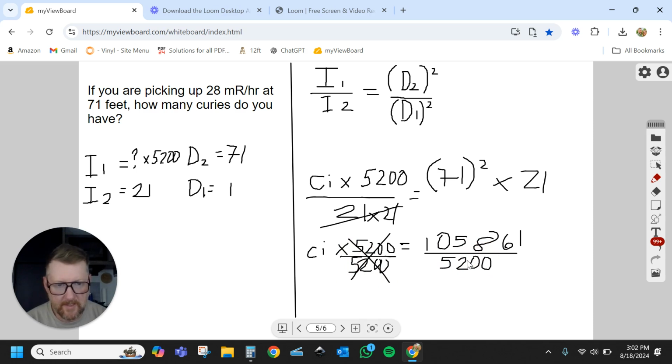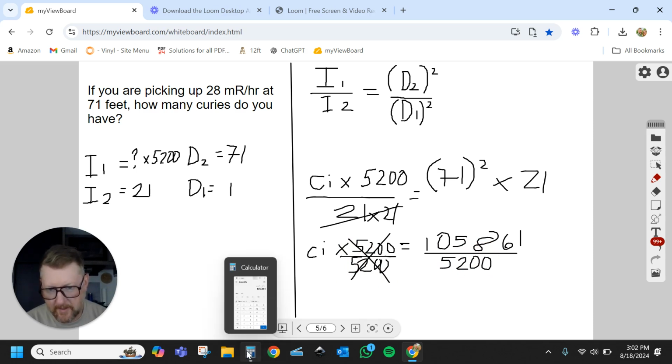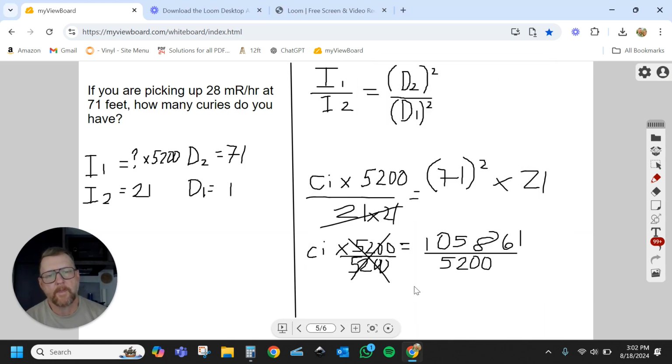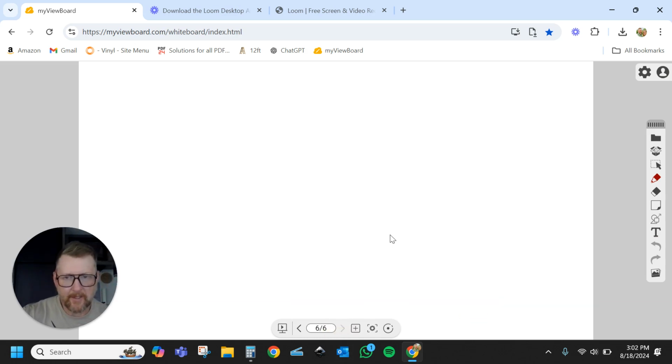Which just means our Curies is going to equal whatever this is. 141,148 divided by 5200 equals 27.1 Curies. So, if you're picking up 28 MR at 71 feet, you have that many Curies. That's it. Okay? Sound good? Awesome.